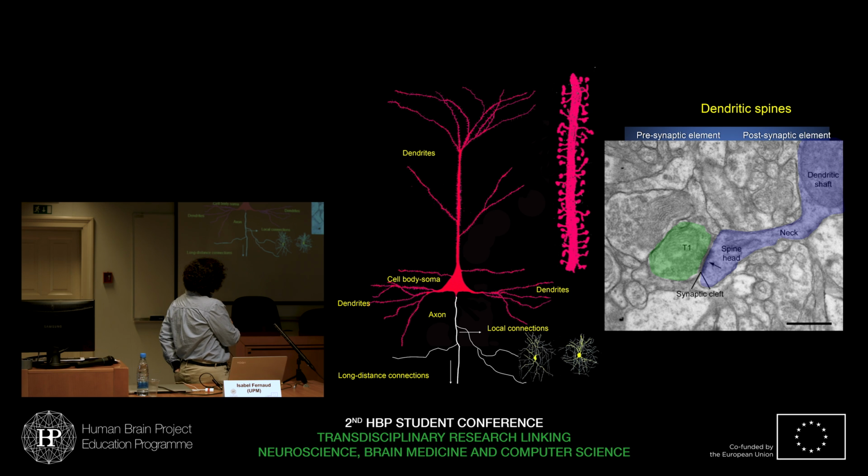Here you can distinguish the spine head and a neck that joins it to the dendritic shaft. And it's mainly on the spine heads where the synapses form. This is a terminal axon, which is making an excitatory contact with the spine.